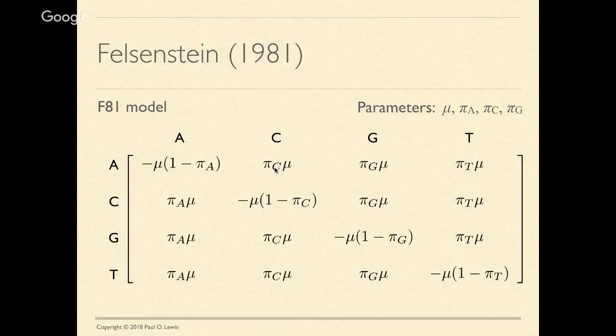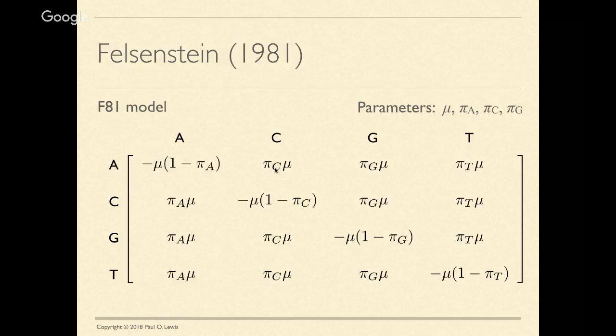And this allows the equilibrium base frequencies to be different than 1/4. In the other 2 models we've discussed, the equilibrium base frequencies are all 1/4, all equal. This allows unequal base frequencies, and the way to do that and keep the model time reversible is to put the base frequencies that you would like the model to hover around in the rate matrix itself.